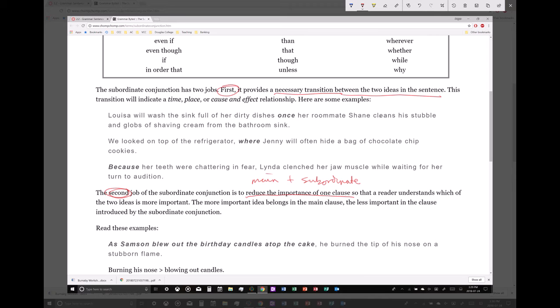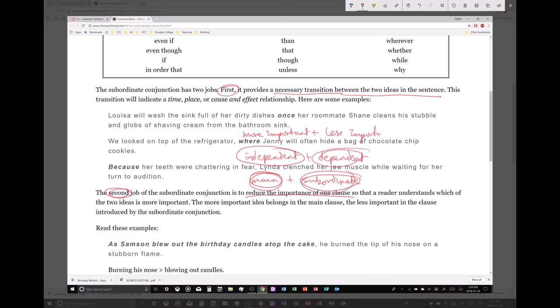Remember, one clause is the independent, and then you have the dependent. Because the independent clause can be its own sentence and it's the main, these are more important. And then the dependent and the subordinate clause, these are less important.